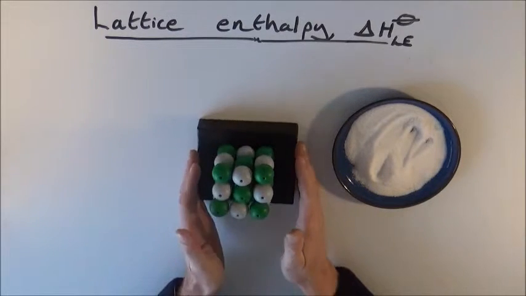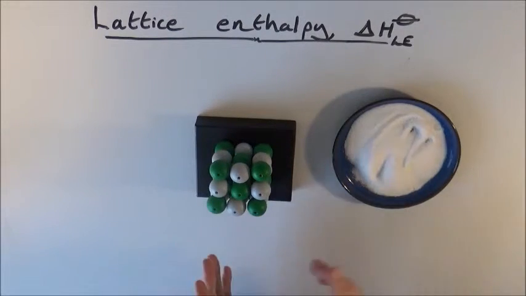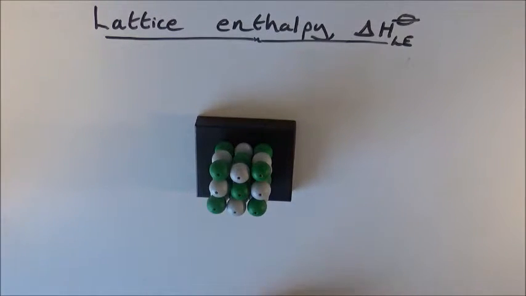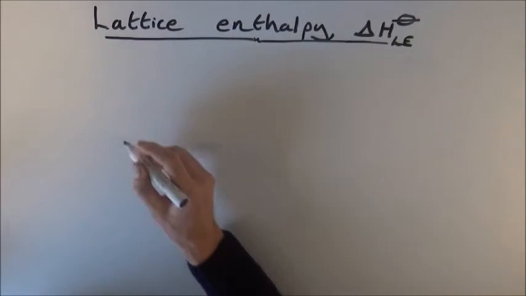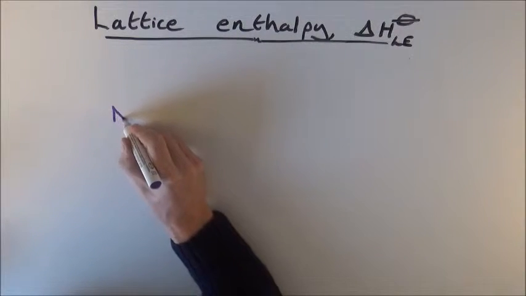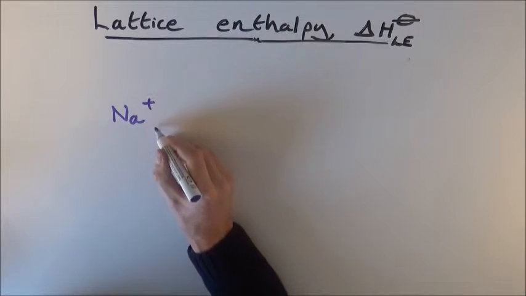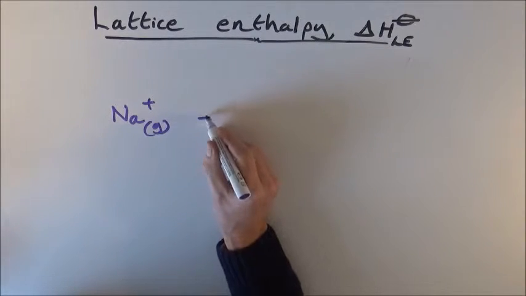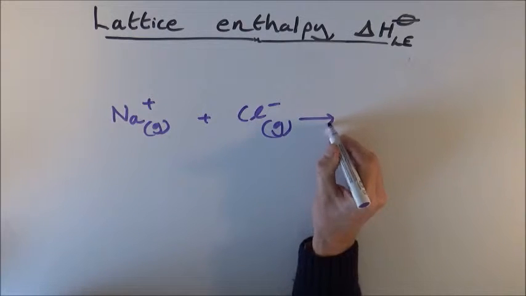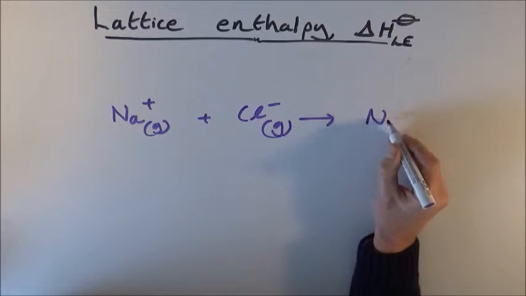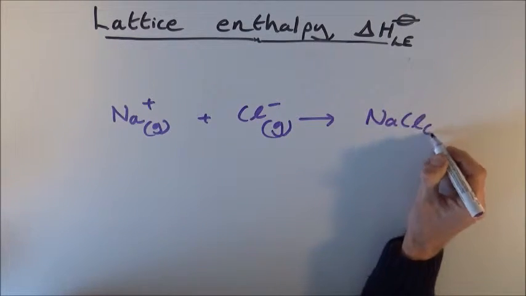So that's the lattice enthalpy, and I can write the equation for sodium chloride. It's going to be a sodium ion in the gaseous state and a chloride ion in the gaseous state coming together to form sodium chloride.